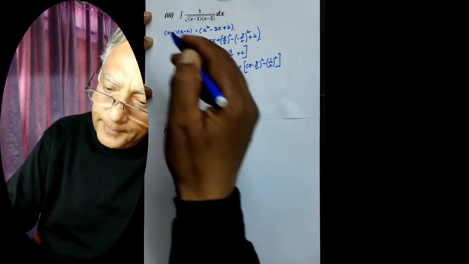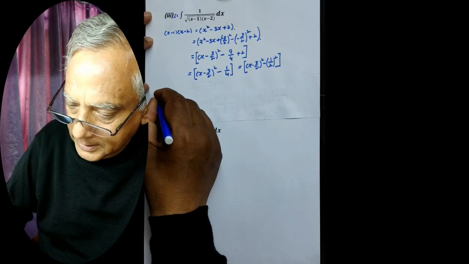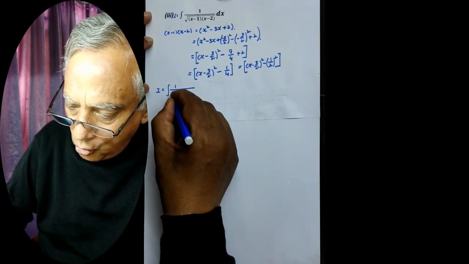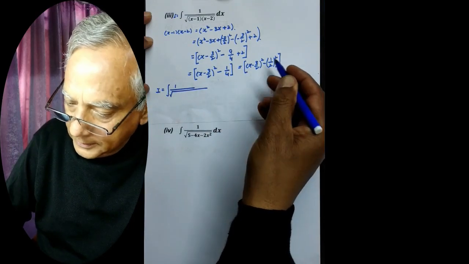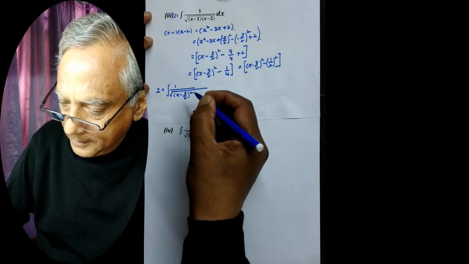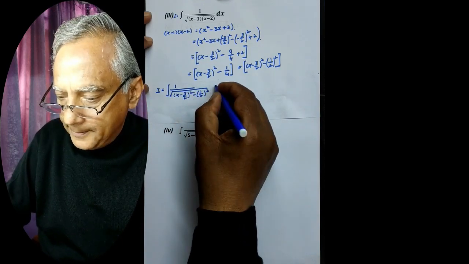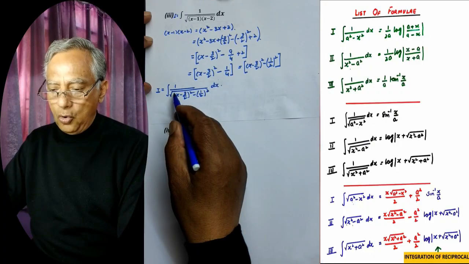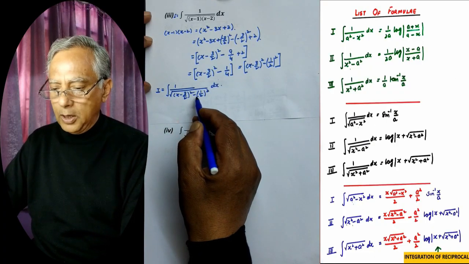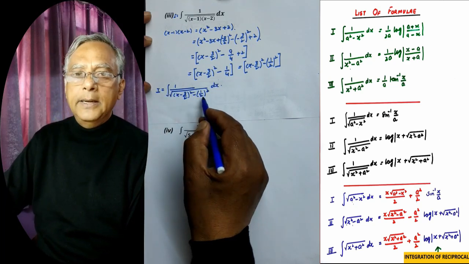And therefore I is equal to integral 1 upon under the root x minus 3 by 2 whole square minus 1 by 2 whole square dx. So we will now have to use the appropriate formula, and appropriate formula will be 1 by under root x square minus a square.